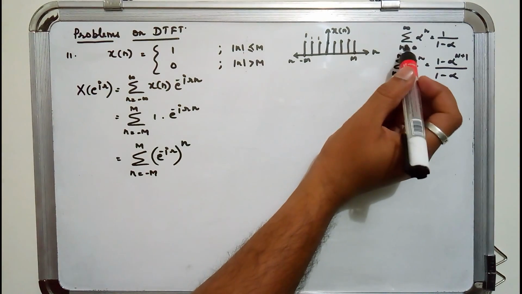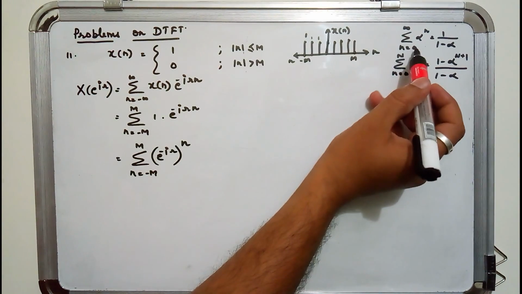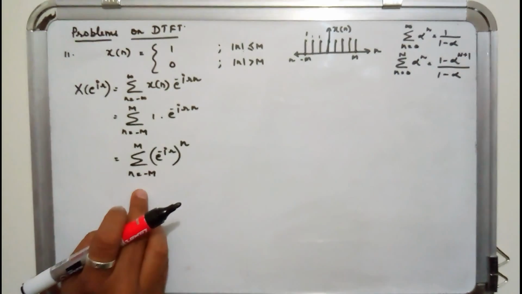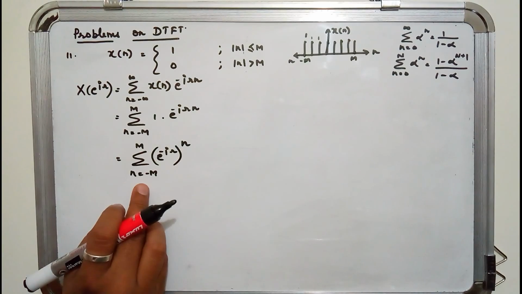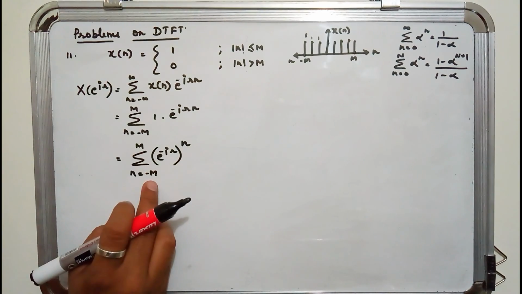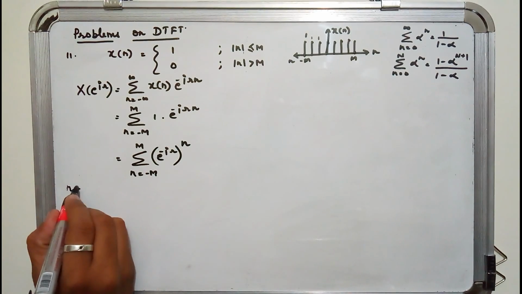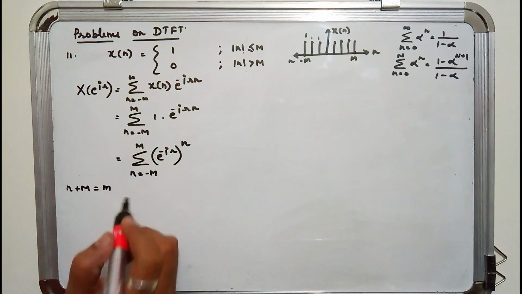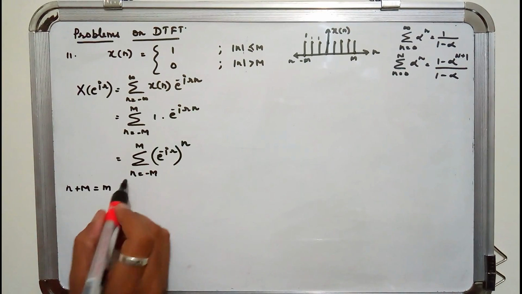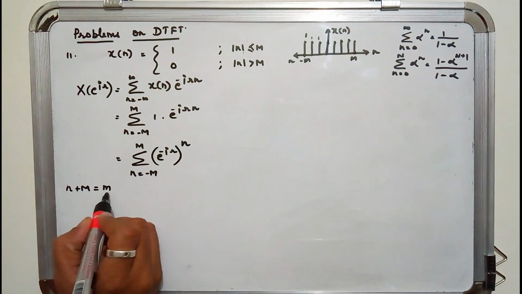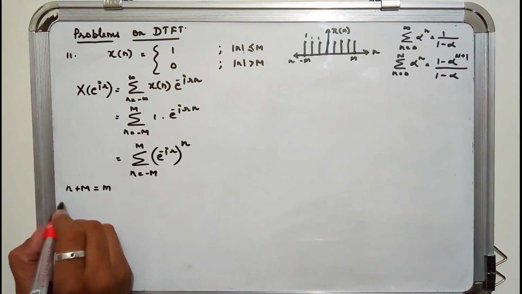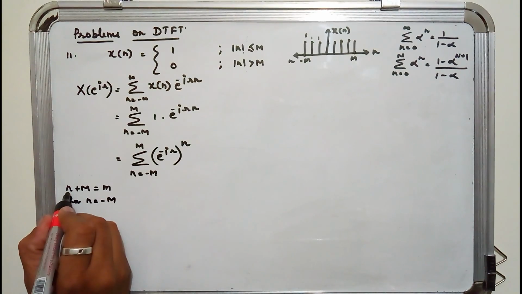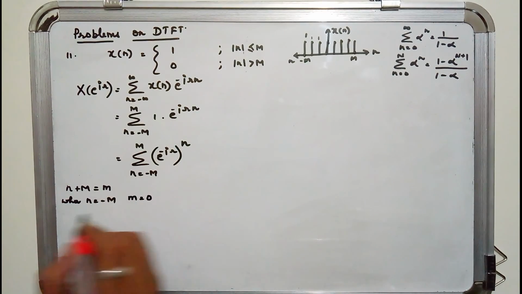As you can observe here, in both the summations the lower limit is 0, right? So I would like to convert the summation into that form. So how do I make the lower limit 0? So it is n plus M is equal to some other variable. I will take small m. Okay, this is small n, capital M and small m. Now when n is equal to minus M, if you substitute minus M here, m will be 0.